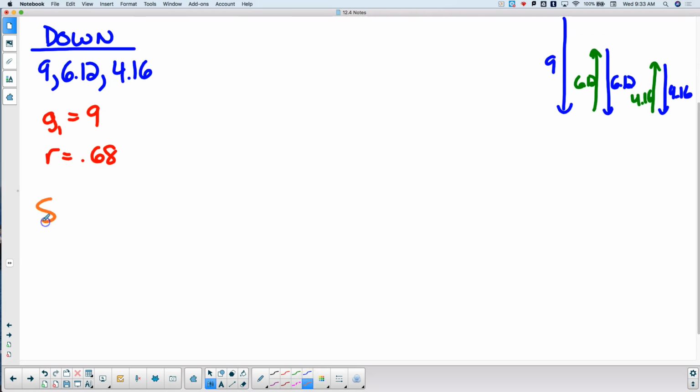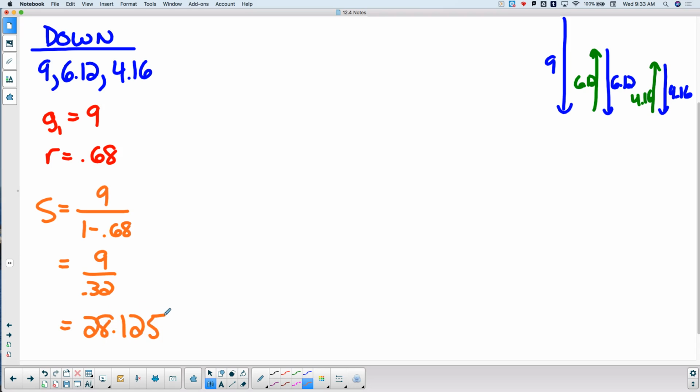The sum is going to be 9 divided by 1 minus 0.68, which is 9 divided by 0.32, which gets me 28.125. Agree with that?